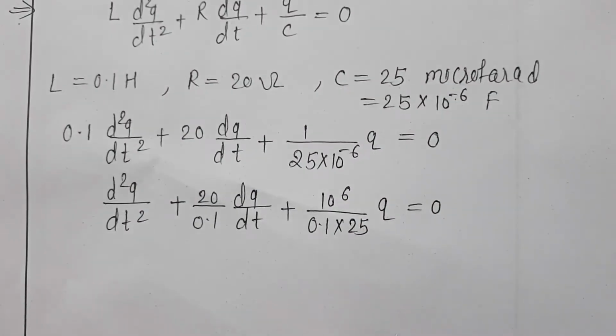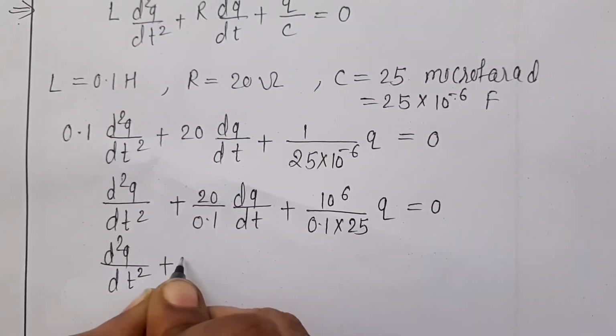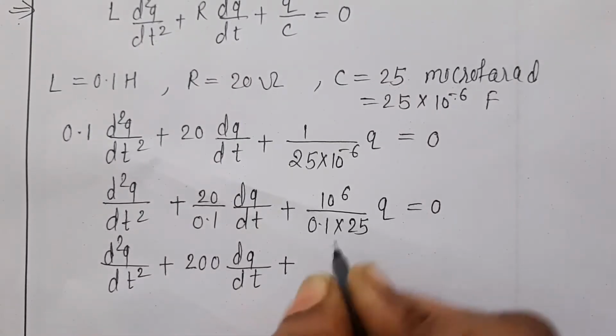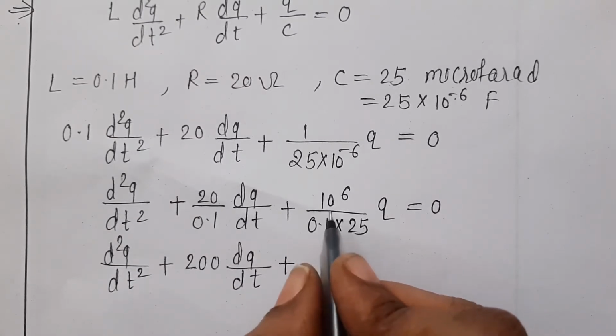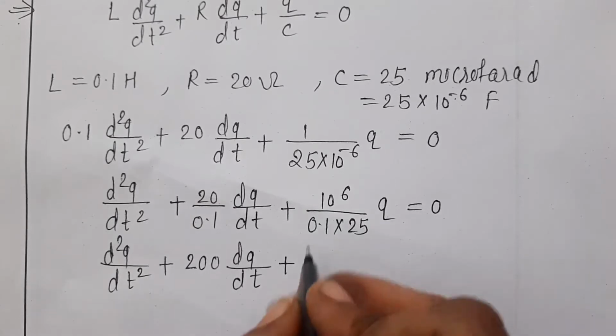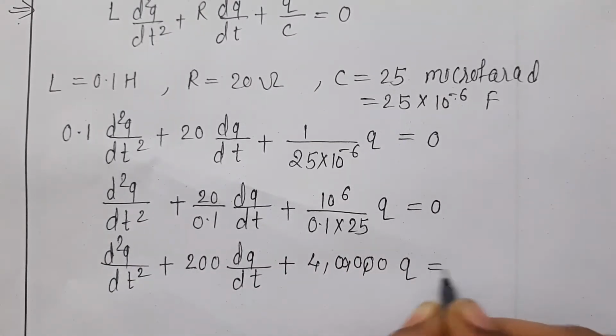So d2q by dt square plus 20 by 0.1 is 200 dq by dt plus, 25 into 0.1 is 2.5, so it is 10 to the power 7 by 25. 10 to the power 7 by 25 is 4 lakh, so this is 400000 multiplied by q is equal to 0.